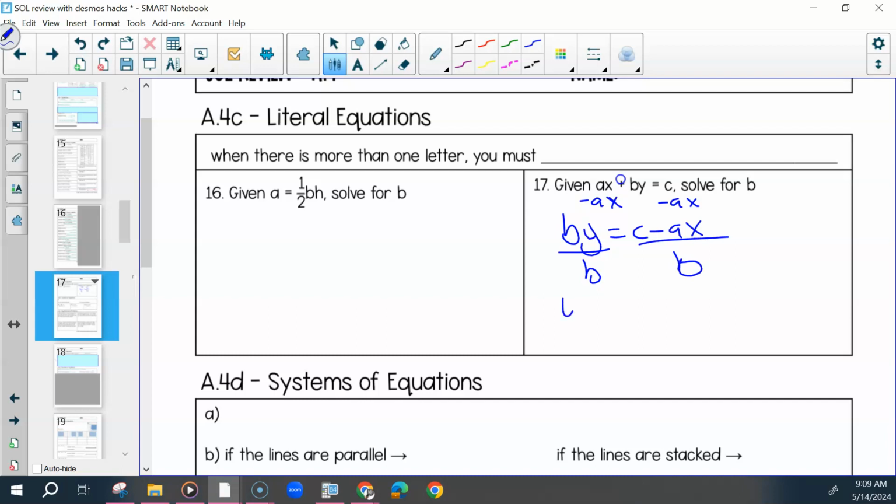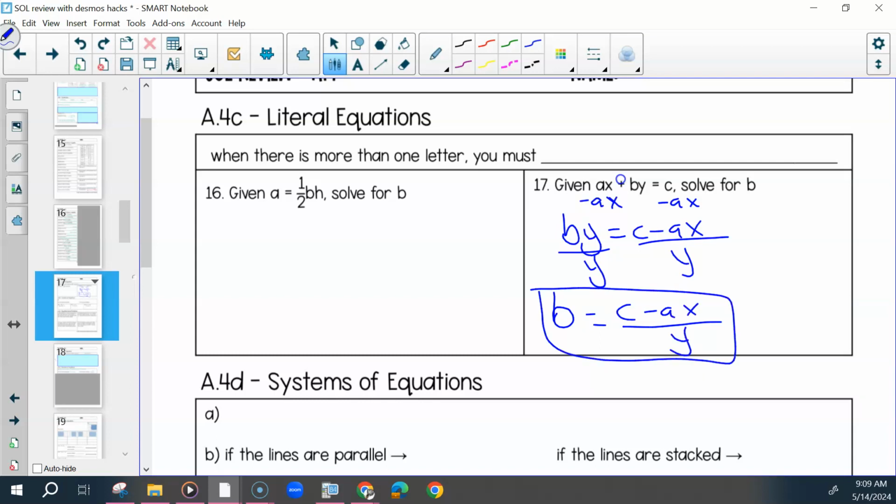Sorry, we're solving for b, not y. Divide by y, not b. So that b equals c minus ax all over 1. Questions there?